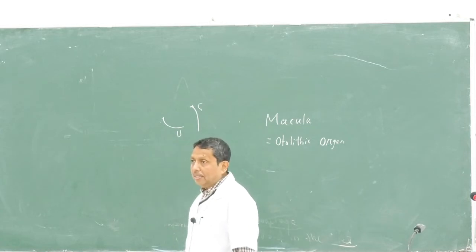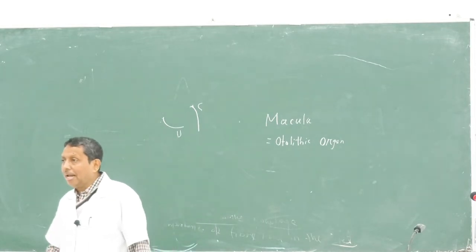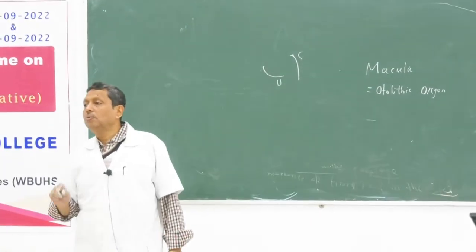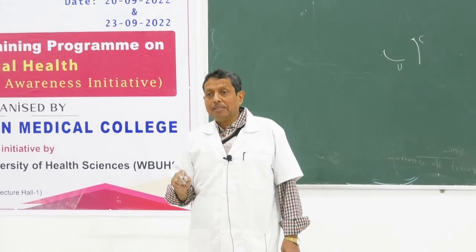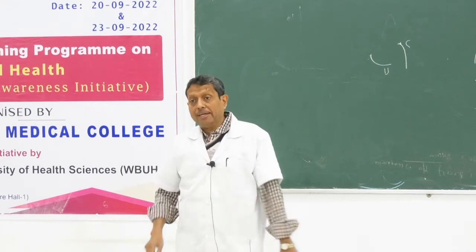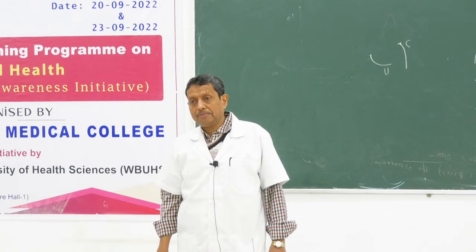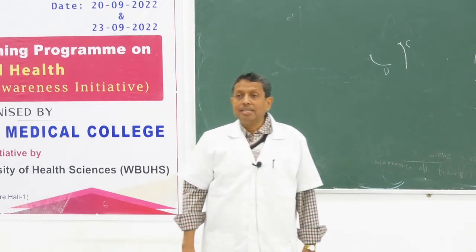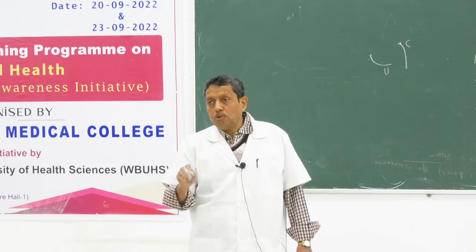And here are the same hair cells, and these hairs are embedded into this otolithic membrane. And this membrane contains otoliths or otoconia, calcium carbonate crystals, or ear dust, they are named. And the specific gravity is more than that of the surrounding fluid.